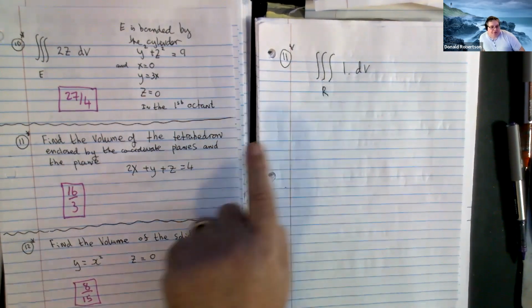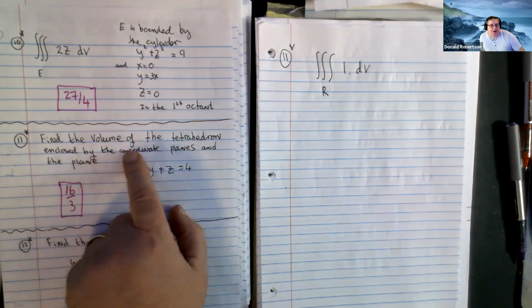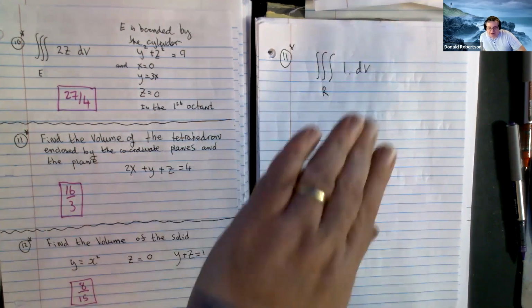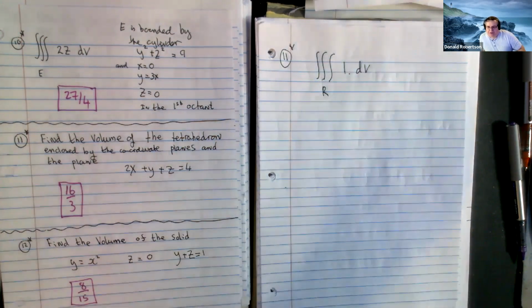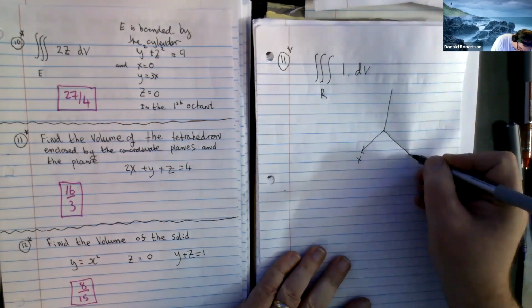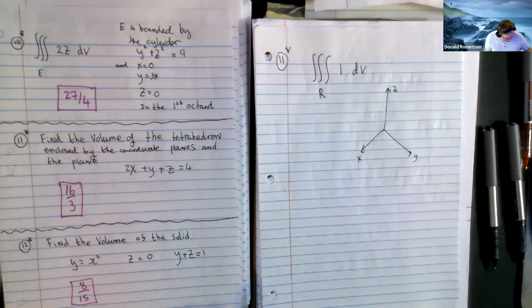So what's this region? This region is a tetrahedron enclosed by the coordinate planes and this plane. We did one, I think this was almost the last question we did on Monday, so it's a very similar question. I'm going to try and draw my best attempt at what this tetrahedron is.